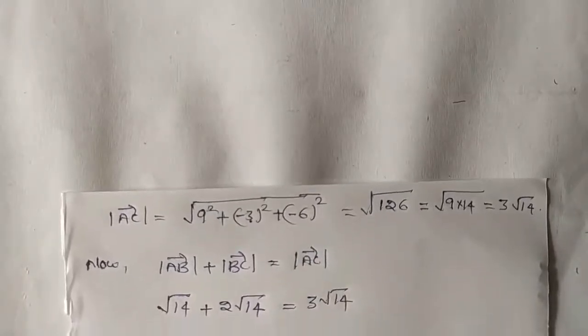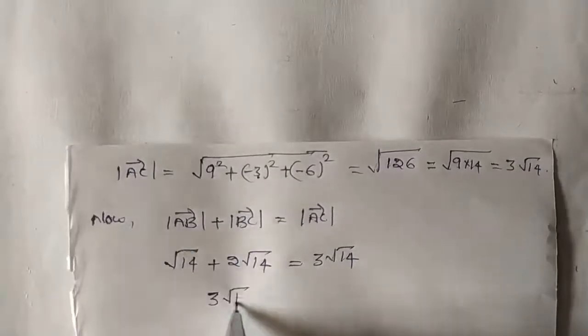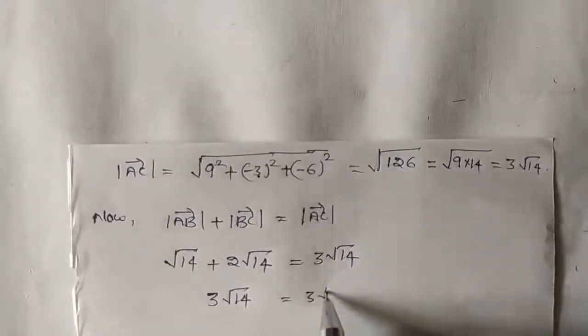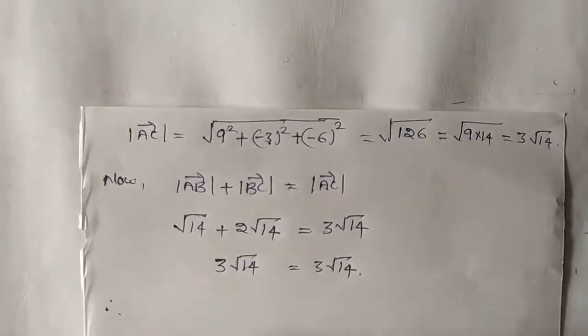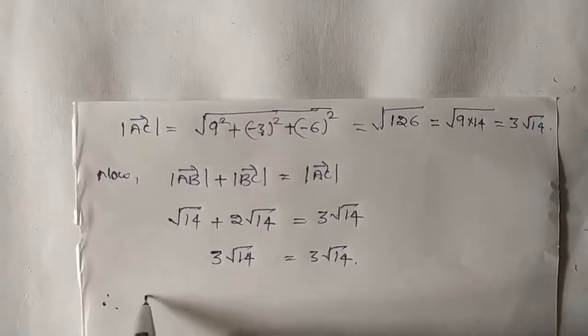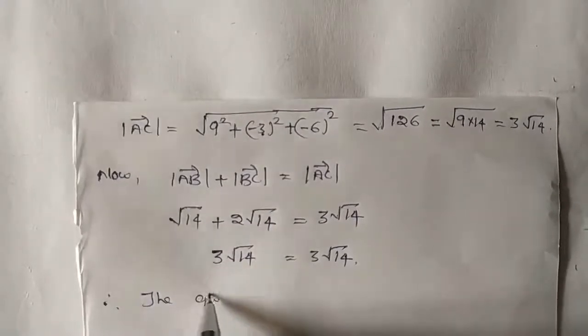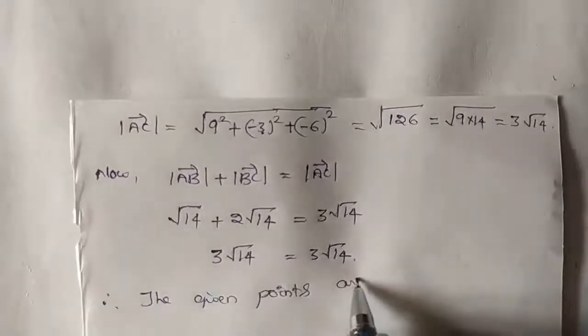Hence root 14 plus 2 root 14 is 3 root 14. That is equal to 3 root 14. Hence it is equal. Therefore the given points are collinear. Write the conclusion: the given points are collinear.